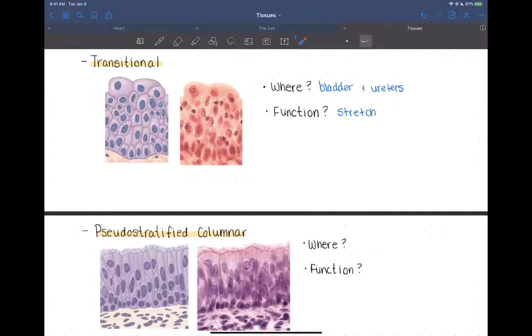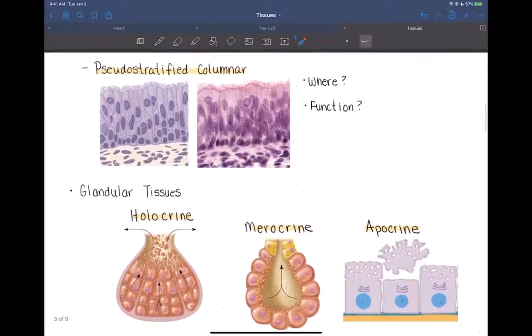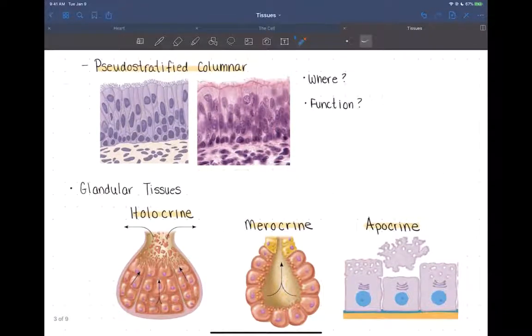Okay, so transitional tissue. All right, then our last epithelial tissue is pseudostratified. All right, and so it's called pseudostratified because if you're just looking at this picture right here, it looks stratified, but it is not actually stratified.